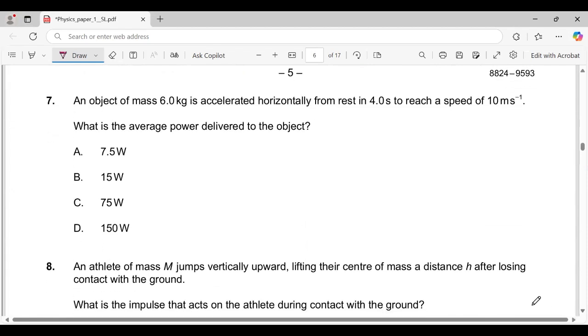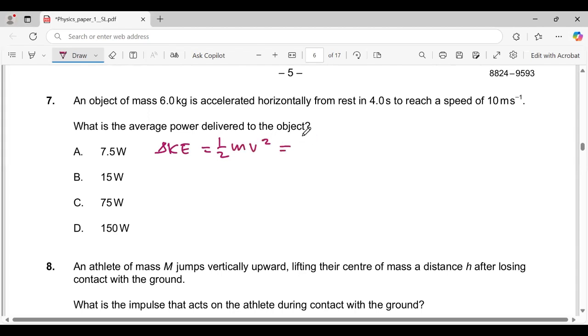Number 7. An object of mass 6 kg is accelerated horizontally from rest in 4 seconds to reach a speed of 10 meters per second. What is the average power delivered to the object? So the change of kinetic energy, delta KE equals 1/2 mv squared.